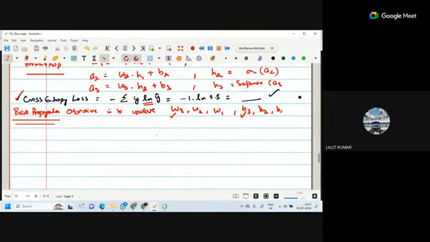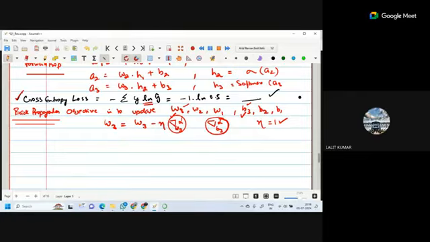Using the chain rule, I know the update is W3 equals W3 minus eta into the derivative of loss with respect to W3. Take eta equal to 1 for simplification. So I have to calculate this value, and similarly for B3, these two values, to update W3 and B3.